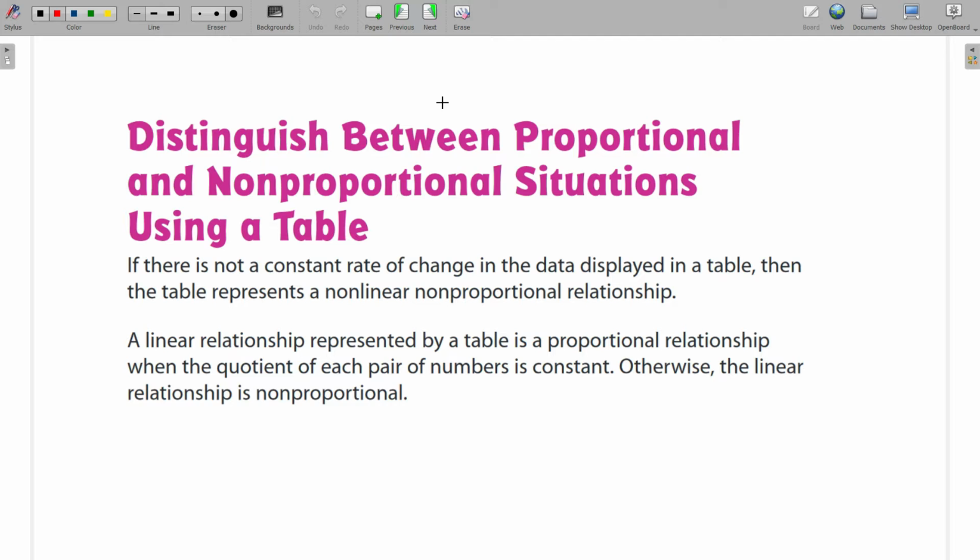Now, when they're linear, they can be either proportional or non-proportional. They are proportional if the y to x values of each individual ordered pair, or each individual point in that table, are the same. If they are not the same, then that linear relationship is going to be non-proportional.